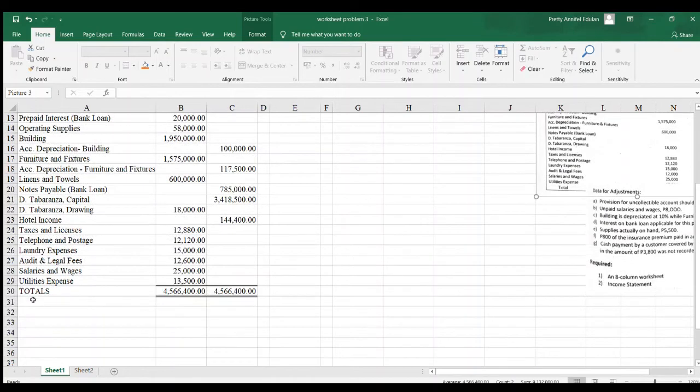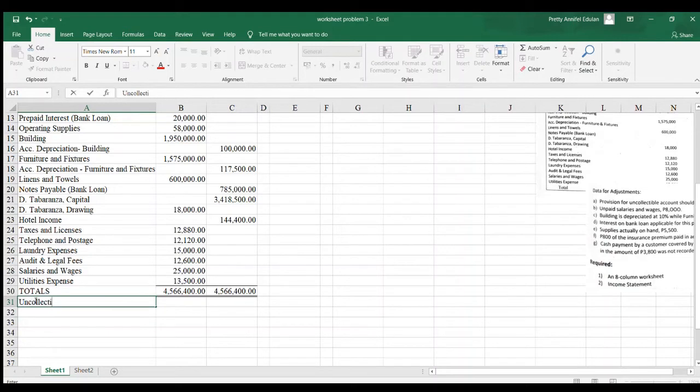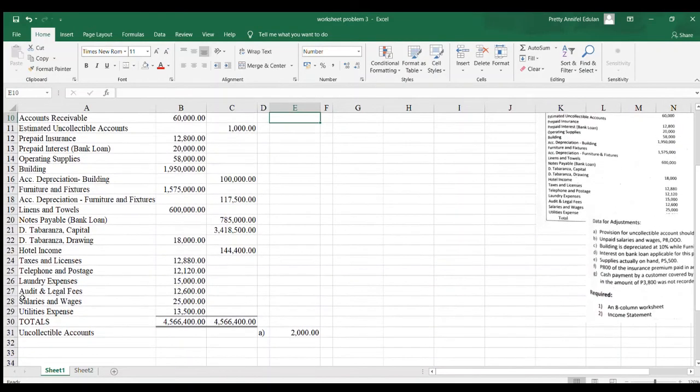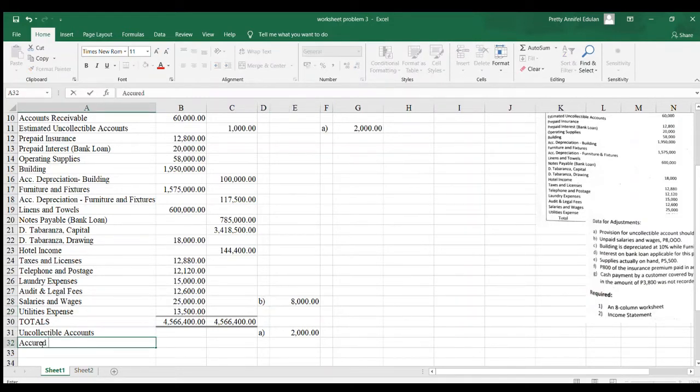We don't have an existing one. So there is a debit. This is letter A, 2,000. Then estimated uncollectible accounts, letter A, 2,000. Salaries and wages, letter B. You're simply transferring what you have written in your journal.